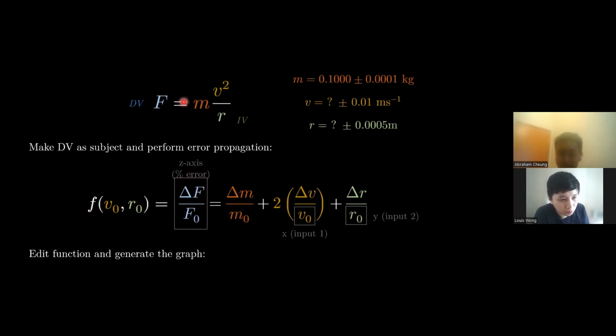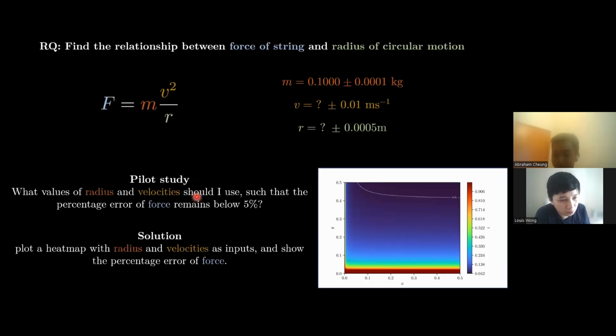So let's say we want 0.1 meters per second and 0.1 meters. It is going to plug them into this function and then output the percentage error, to generate this graph.